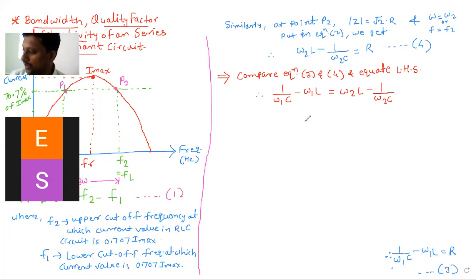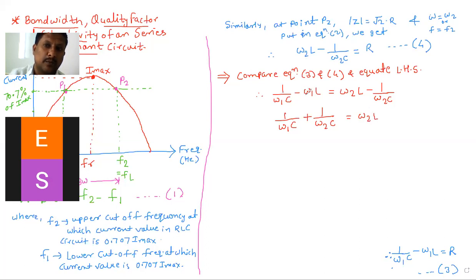Okay, so if you calculate that, what you get, see here, 1 upon omega 1 into C, and this minus 1 upon omega 2 into C you can take to the left hand side, becomes plus 1 upon omega 2 into C, is equal to this omega 2 into L remains as it is.